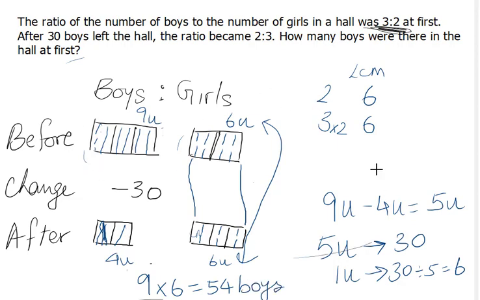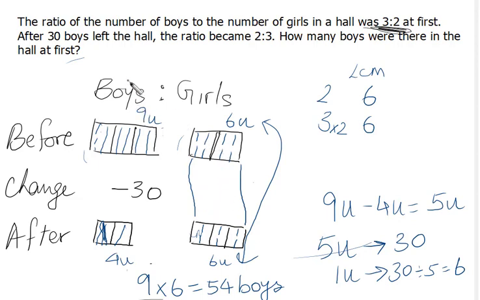My drawing could be messy, my writing could be messy, but I hope this helps you understand how to solve this problem. Remember, in this particular problem, you always look at what changes and what does not change. So if you look here, boys change, whereas girls do not change.